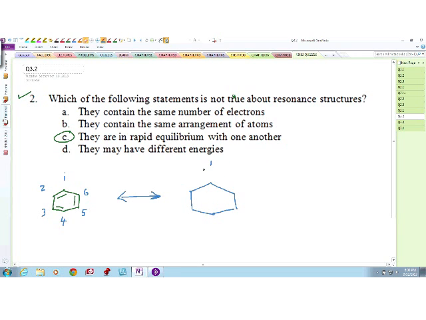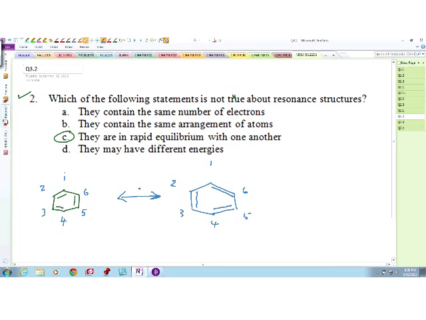So the double bond will be between, this is 1, 2, 3, 4, 5, and 6. Say one double bond is here. Where else? Between 2 and 3, very good. And where else? 4 and 5, very good.